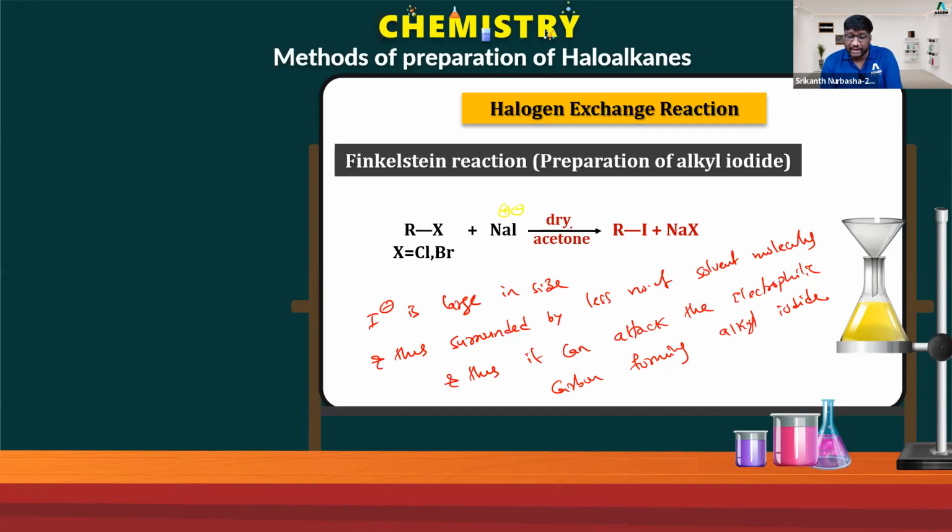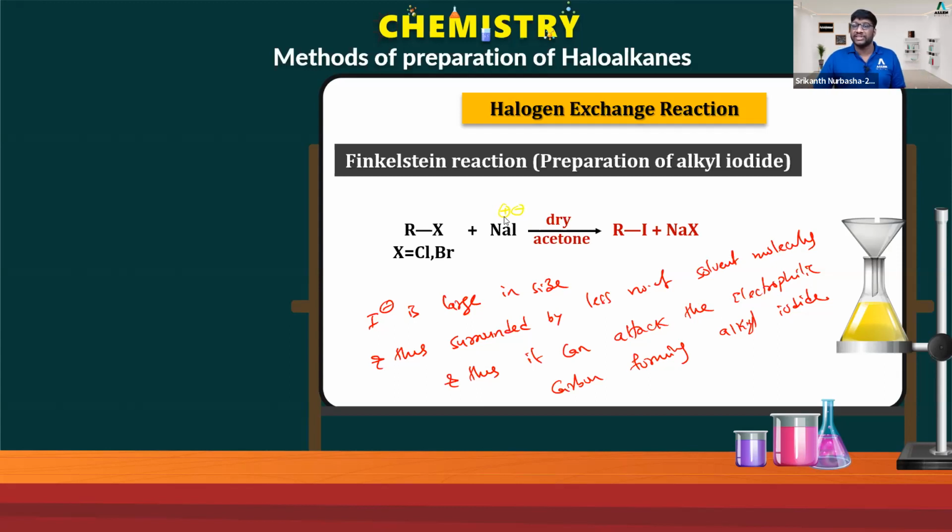Why is this reaction not happening in the backward way? You have to understand. Why can't the alkyl chlorides and alkyl bromides be converted back? NaCl is also there. If I start with RCl plus NaI it gives RI plus NaCl. Why can't NaCl react with RI to form RCl plus NaI? Because the Cl minus is surrounded by more solvent molecules when compared to I minus.